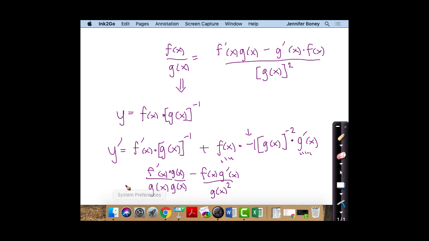And then you can see our familiar look. F prime times g minus f times g prime all over g of x, oops, squared. So if you'll believe in product rule, which we went through the proof of last time, quotient rule also works, just using a little bit of algebra and chain rule.